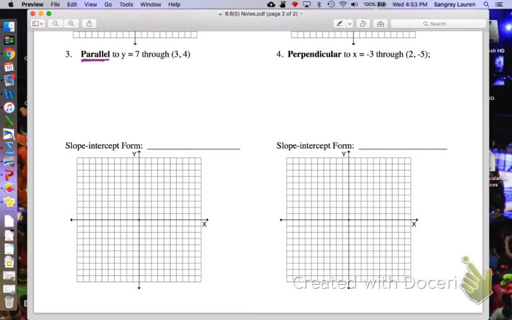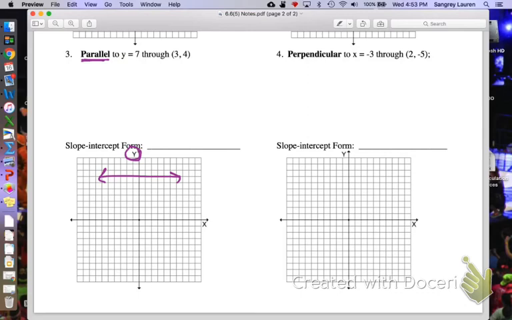If the equation is y equals a number, it means that if we look at the y-axis and we find 7, so let's go up 1, 2, 3, 4, 5, 6, 7, it means that our line has to go through 7 on the y-axis. So that is a horizontal line, which means if we need a new line that's going to be parallel to this one, it also has to be horizontal.